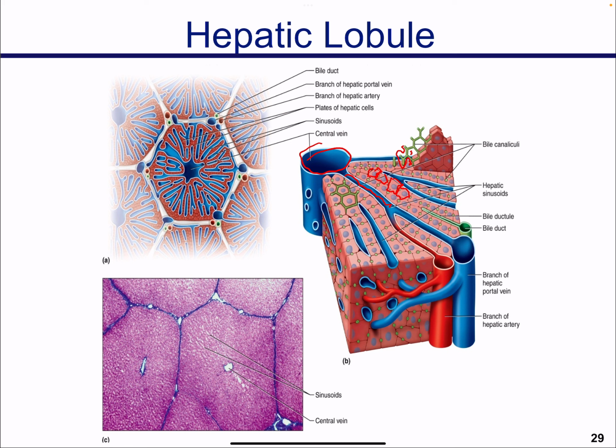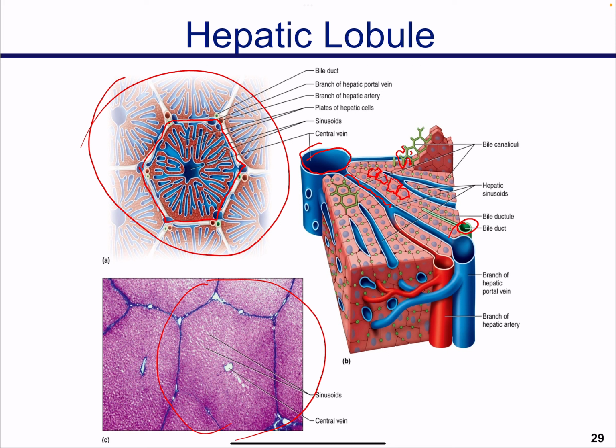So this bile salt eventually are going to end up in the bile duct, and the bile ducts are going to take the bile salt to the gallbladder where the bile salt are stored, right? So here we have an organization of the liver. This is a lobule, right? Okay. This is a graphic representation, while here you do have a micrograph.